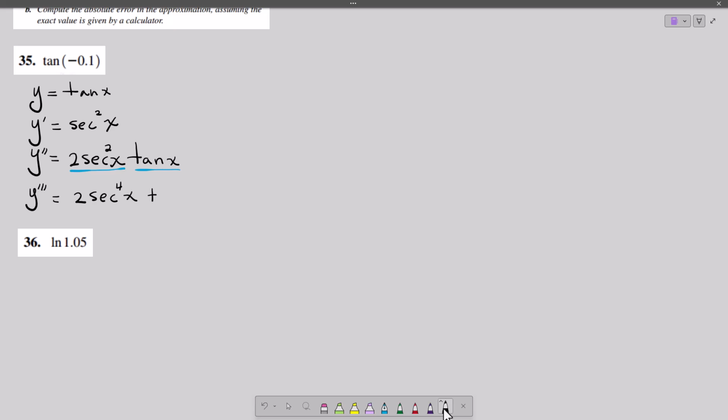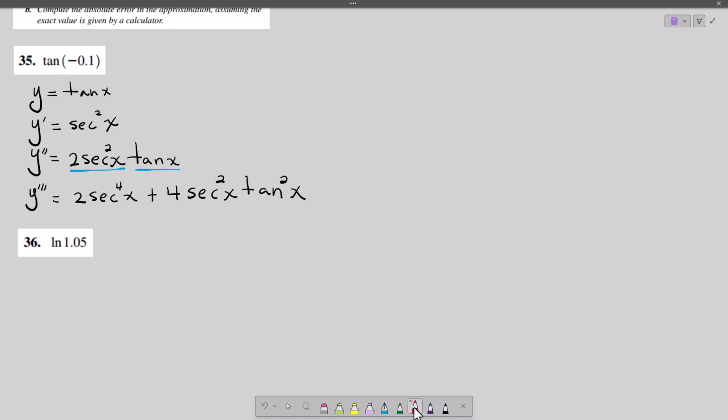The derivative of the first is 4 secant of x to the 1, bring down the 2, subtract 1, multiplied by the derivative of secant, which is secant tangent, multiplied by the second function, which gives us tan squared. Product rule.